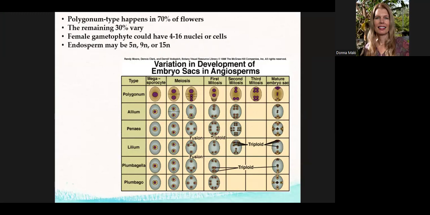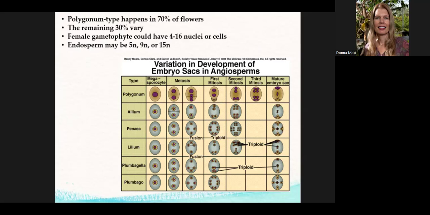And you end up with 4 cells from that. Then one dies off, and the last remaining one goes through 3 rounds of mitosis. Then you have some migration of the cells in the embryo sac or the megagametophyte, and you end up with 8 nuclei, 7 cells.